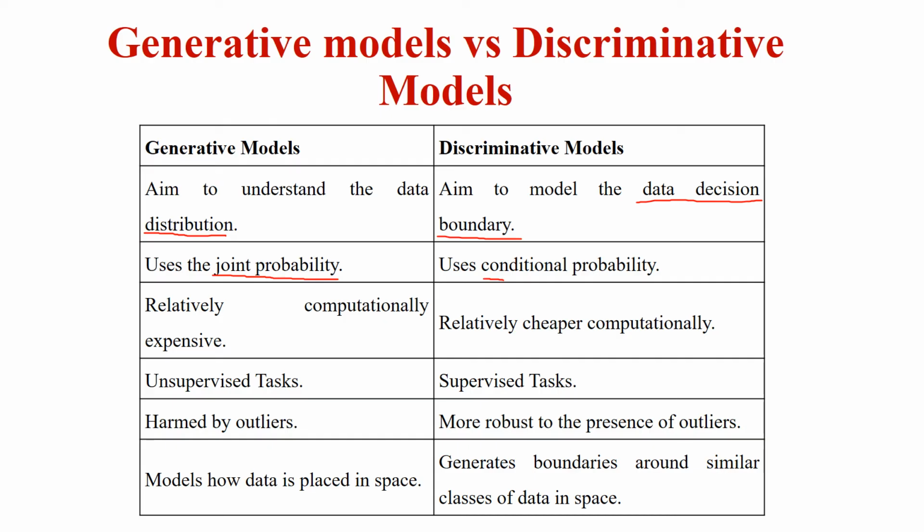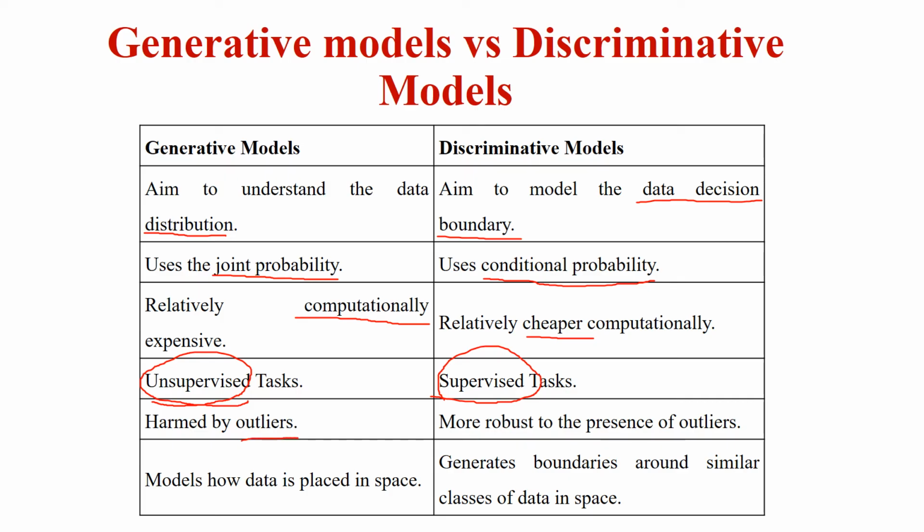In discriminative models we use conditional probability. Generative models are computationally expensive. Discriminative models are relatively cheap. Generative models we use for unsupervised tasks, whereas discriminative models are specifically for supervised tasks, that is classification.